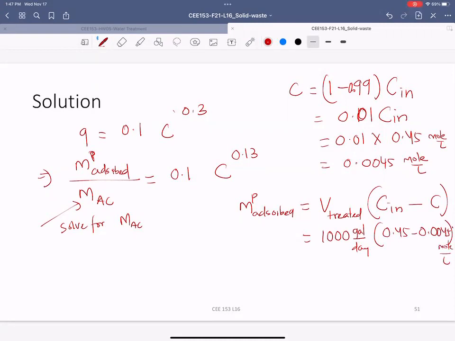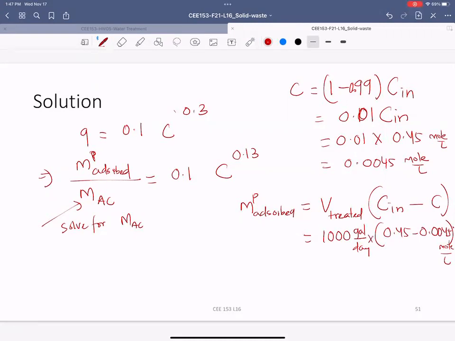Again, you have to change gallons to liters, because the concentration is moles per liter and the volume is in gallons. So you have to change 1 gallon to 3.785 liters, I forgot. Then you basically get how many moles per day. That means if you operate the system for 1 day, how many moles of pollutant are absorbed per day.